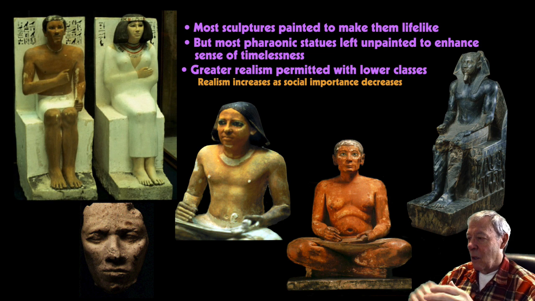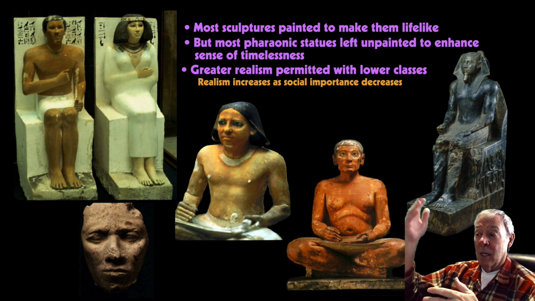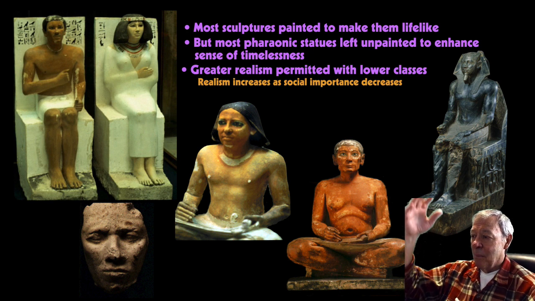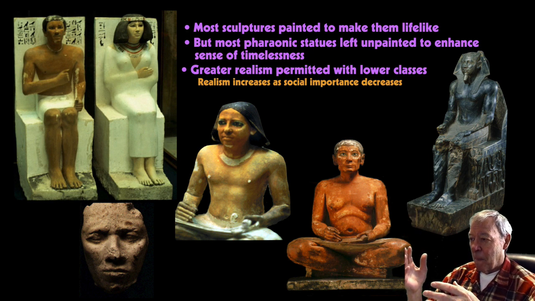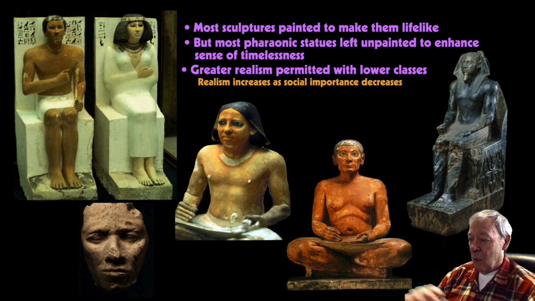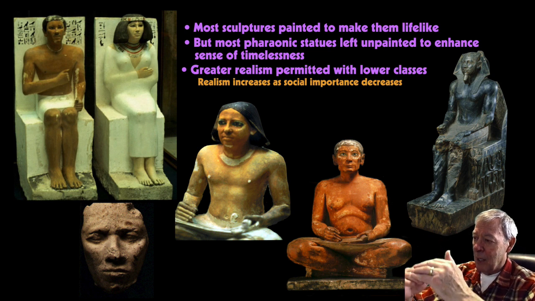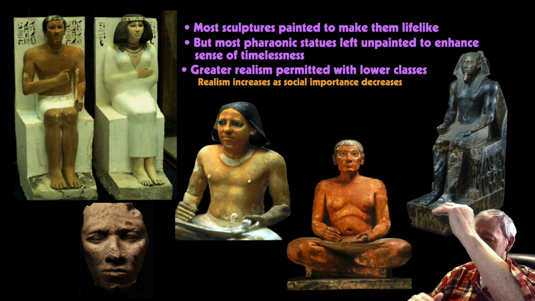Okay, so you can see that even in much later periods of time, royalty is oftentimes portrayed as being somewhat ideal and beautiful and heroic, and perhaps not exactly the way they would have actually looked, as opposed to commoners being represented in a very realistic manner. It basically bespeaks their position in society.